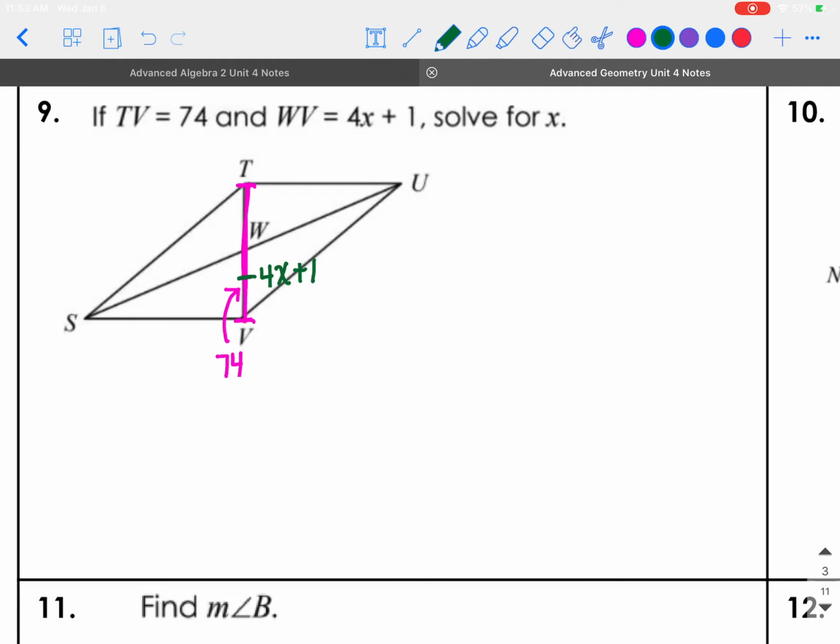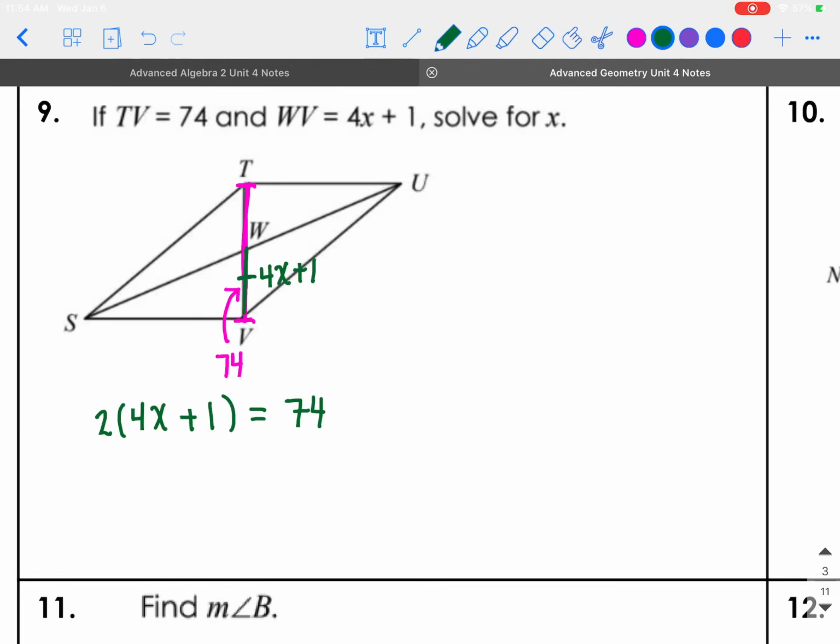There's a couple of ways you could go about solving this one, but I know the way I do it is I say, okay, well, if I take WV and I multiply that by 2, that gives me the entire TV. So I'm going to do 2 times 4x plus 1 equals 74.